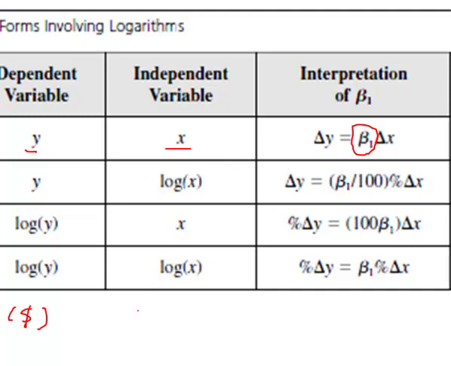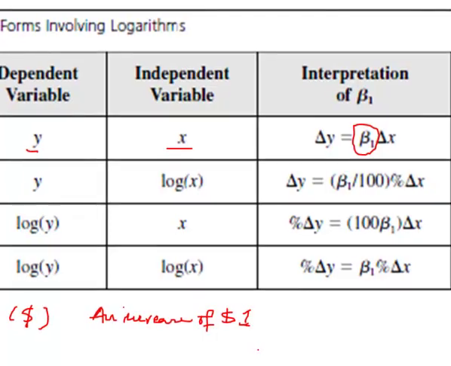Do you really want to know the difference in spending based on an increase of $1, right? That would have a negligible impact on food spending. What you really want to know is a percentage increase in income. What is the impact of X percentage increase in income on food spending?